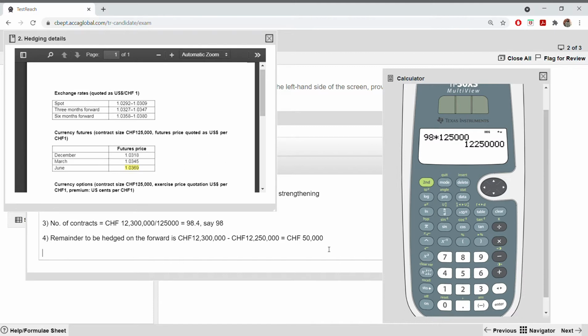So the receipt will be equal to CHF 50,000. How do you convert it? You have to convert it to dollar. So for that you need the rate of future. Or what? Do you need the rate of future? No. You are converting this 50,000 using what? Forward. So you need the forward rate.